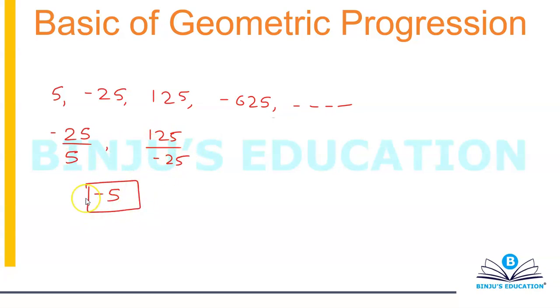So you can have a negative common ratio also. It's not that the common ratio can only be positive. It can be positive, negative, a fraction, an integer, anything. It just has to be a common ratio, that's it.